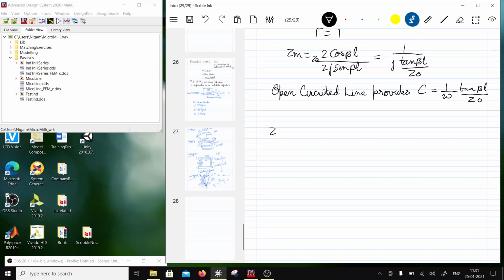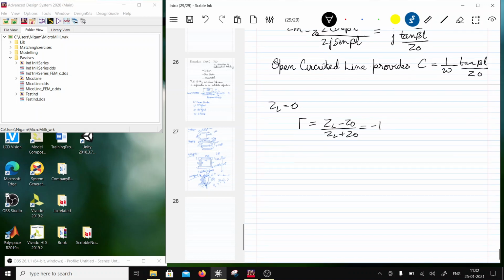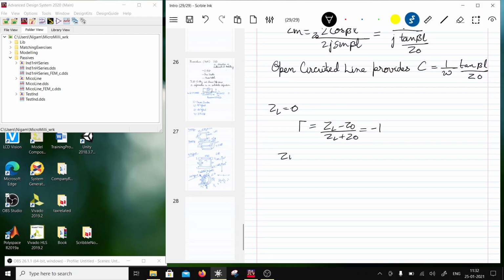Now let's assume ZL is equal to 0. In that case, Γ is equal to (ZL − Z0) divided by (ZL + Z0), so this will be equal to minus 1. So in this case, Zin will be equal to twice j sin(βL) divided by twice cos(βL), again with a Z0.